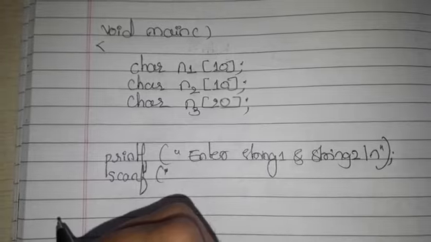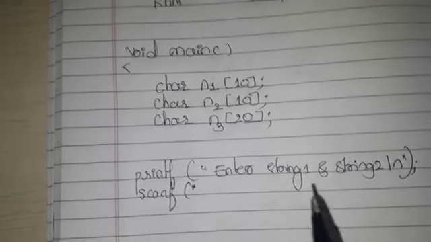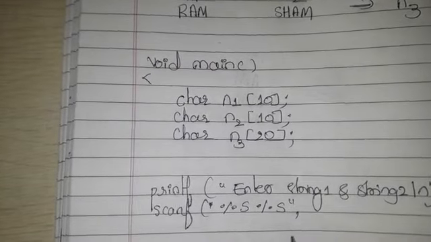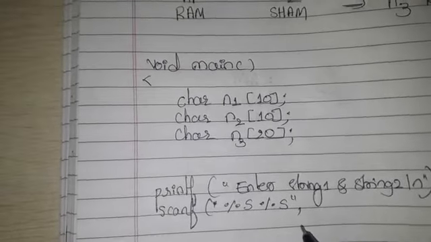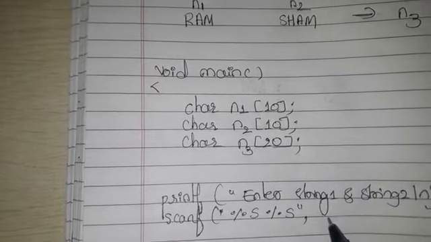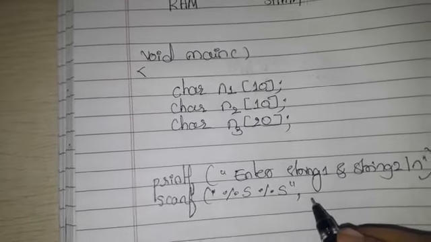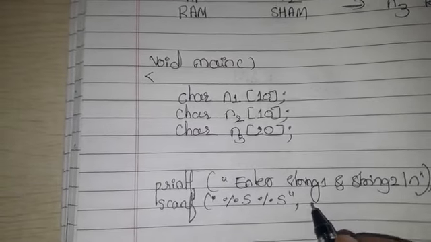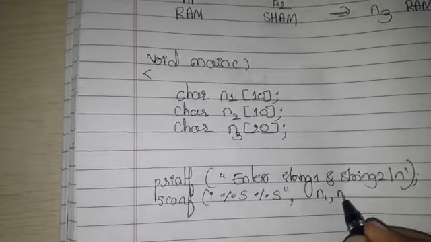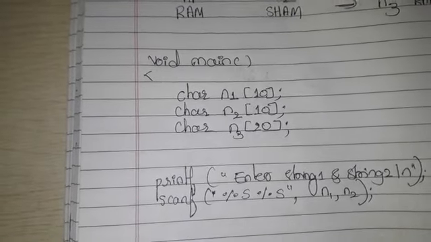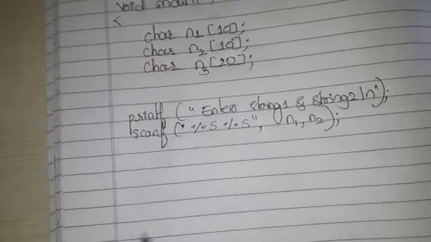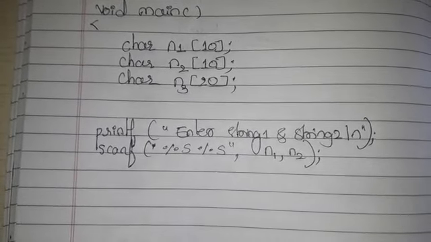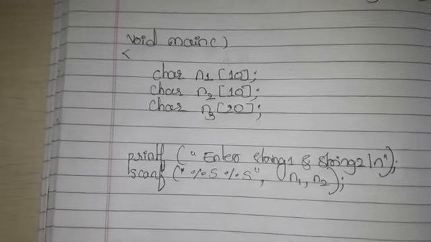So there is no need to use gets. It is better to use scanf. We know that the format specifier for strings, whenever we are using a formatted input function, is %s, and already I have explained that for reading strings I should not use an ampersand. I'll just take n1 comma n2. So successfully this allows us to read the inputs from the user. The inputs are n1 and n2.